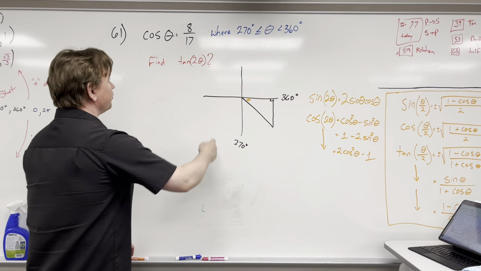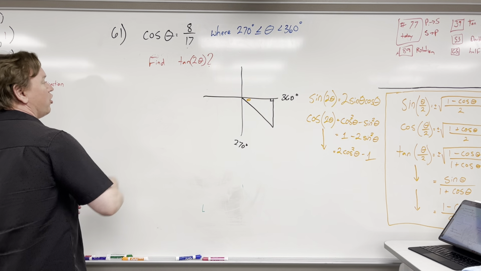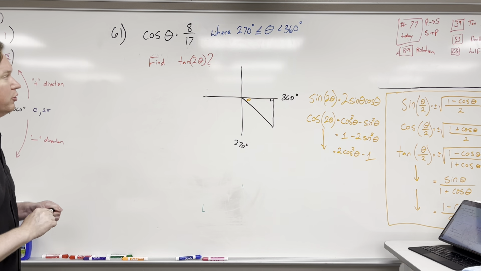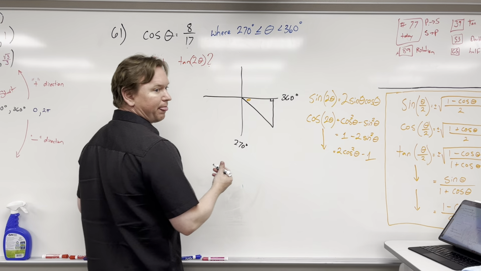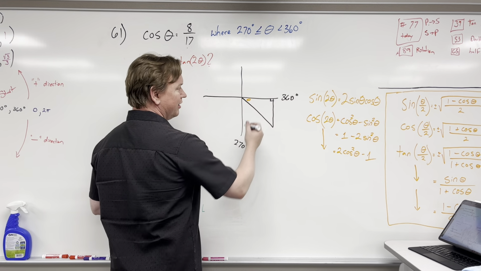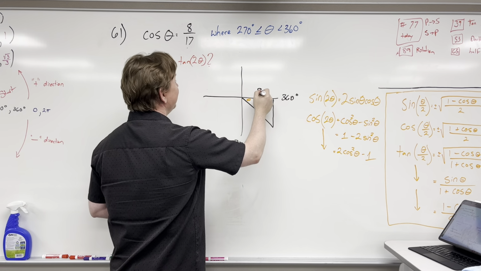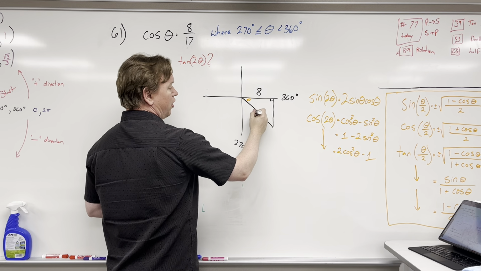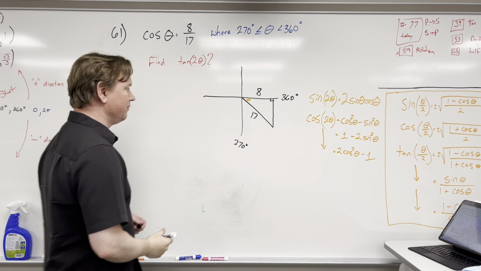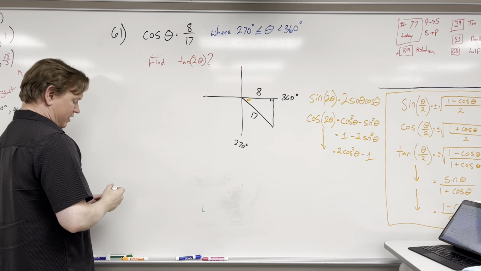Okay, so with this reference right here, what is cosine? Cosine is telling us where to put our numbers, which is adjacent. So adjacent is this guy, and then our hypotenuse is this. Now I want y'all to find this side real quick.